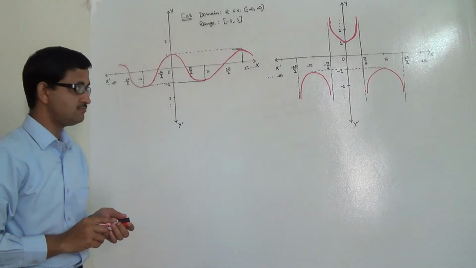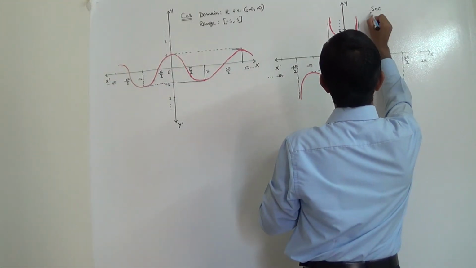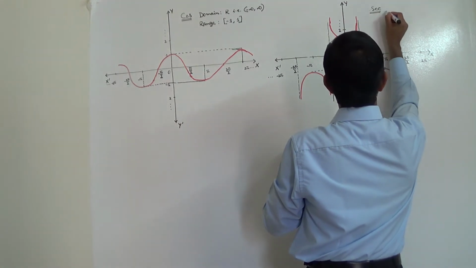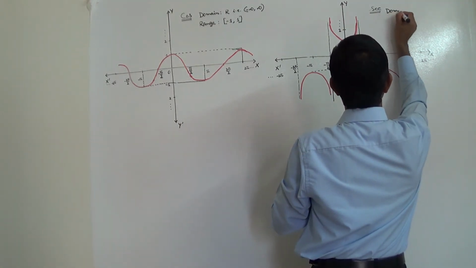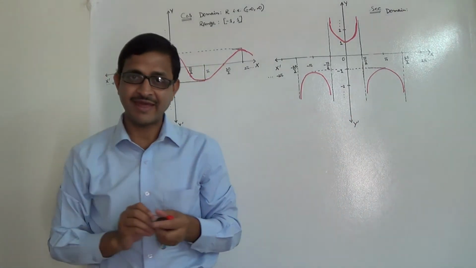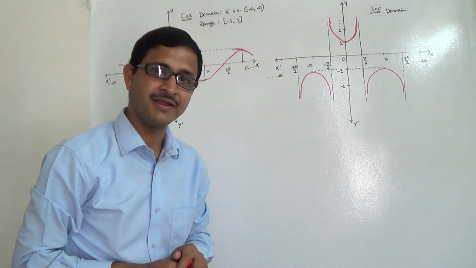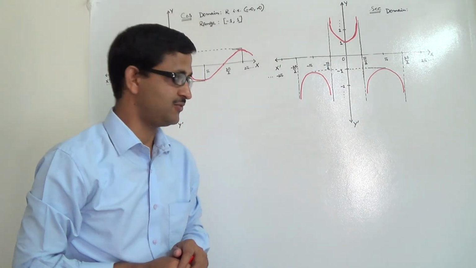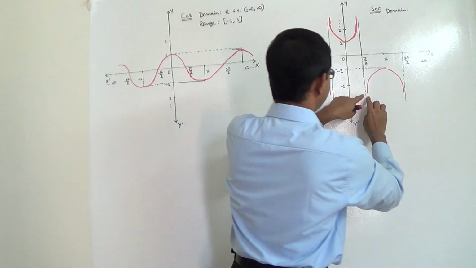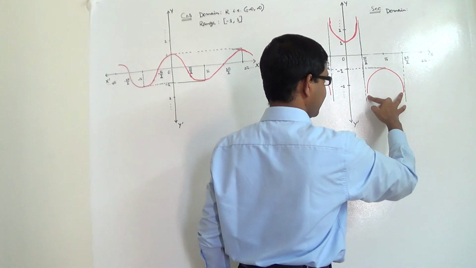Correct. So what we see, what is the domain of the function sec? The domain is any real number except the odd multiples of pi by 2. Why? Here it is pi by 2, it cannot touch. Here it is 3 into pi by 2, it cannot touch.